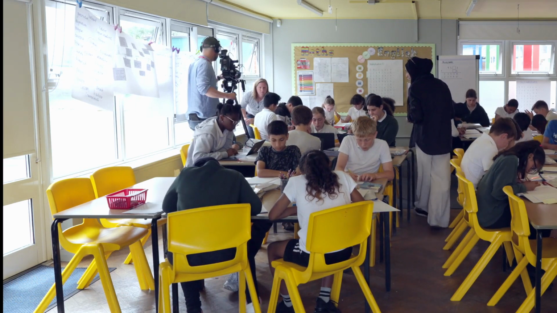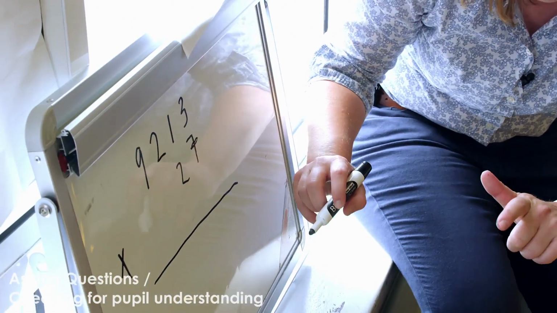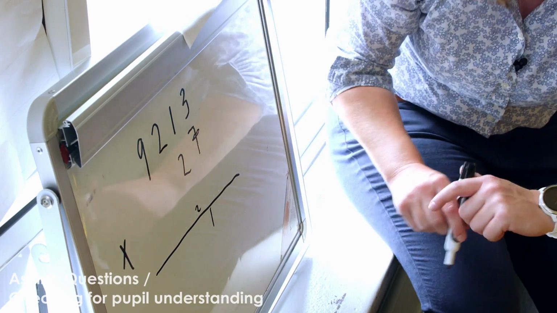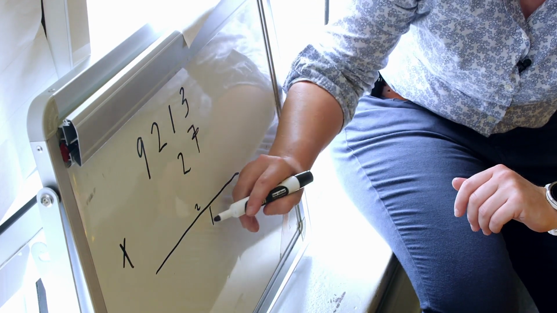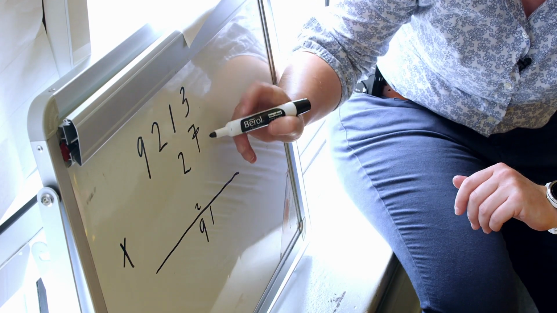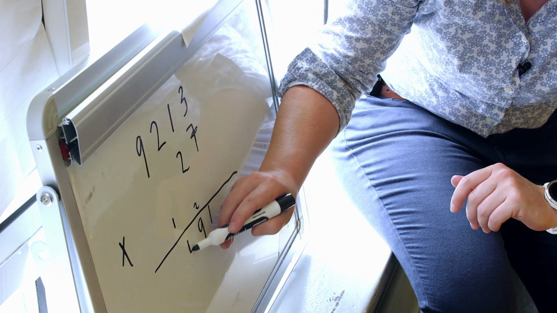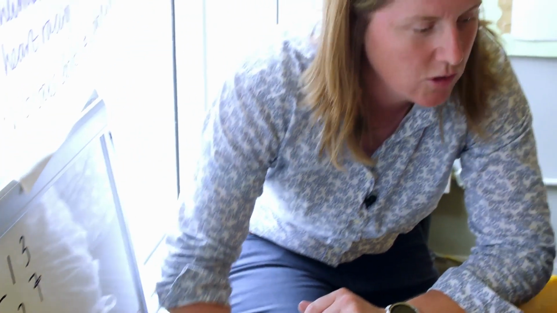Okay, how are we doing? Okay, so Rayan, talk me through what you did first. Okay, and we put our 2 in the 10s, 1 in the 1s. Okay, so your top line looks correct to me.